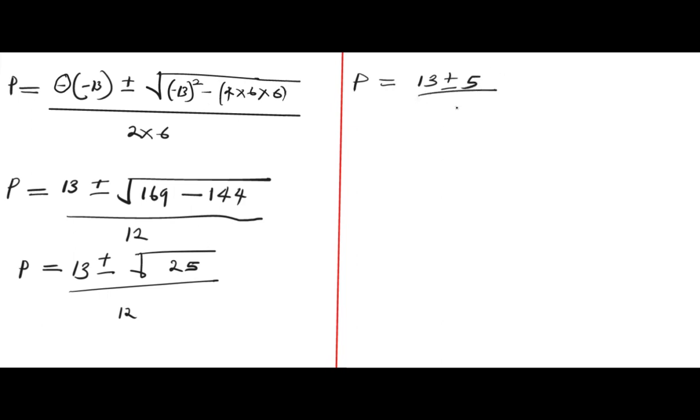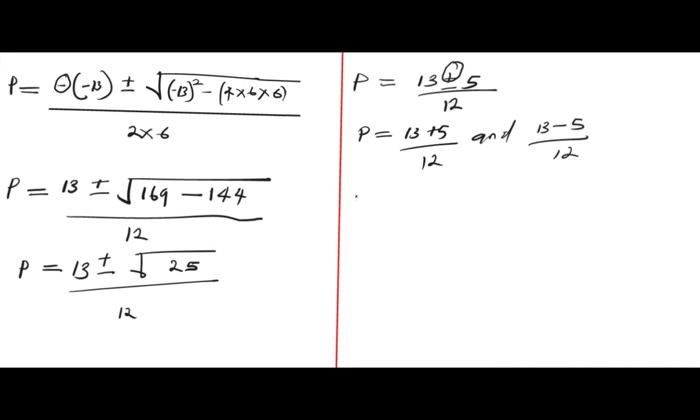Divided by 12, all right? So you have p equals 13 plus 5, we take the positive sign first. So you've got 13 plus 5 divided by 12. And p can also be, when you consider this negative sign, 13 minus 5 over 12, okay?